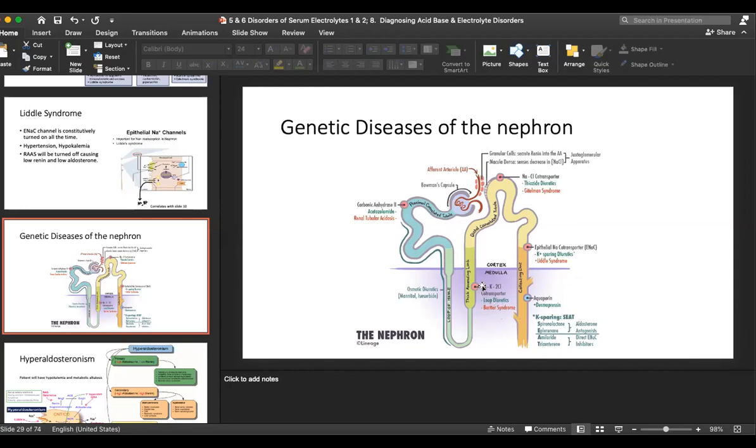Bartter syndrome is going to be like the loops. Gitelman's going to be like the thiazides, and Liddle syndrome is going to be like the potassium sparing diuretics.